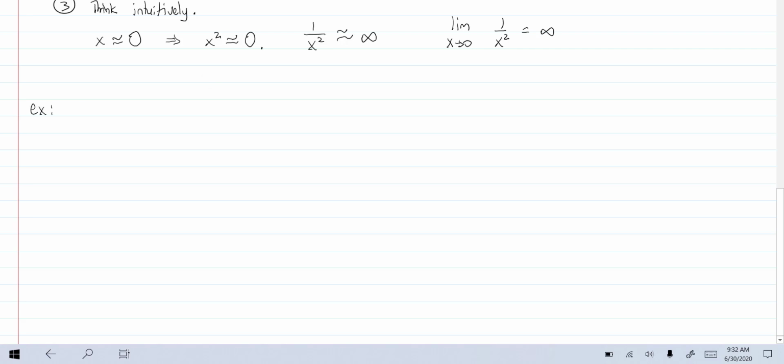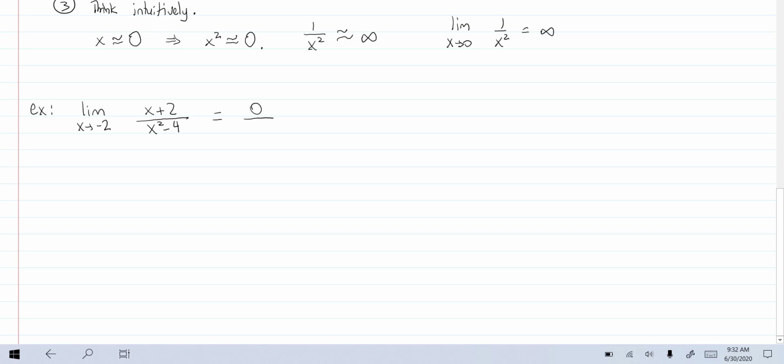So let's consider the limit as x approaches -2 of x plus 2 over x squared minus 4. If we plug in x equals -2, so -2 plus 2 would be 0.